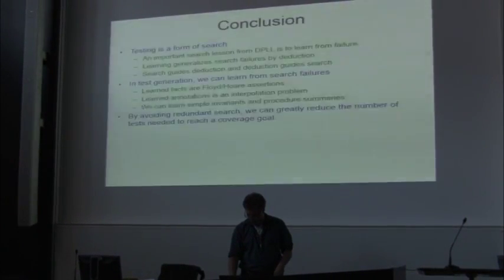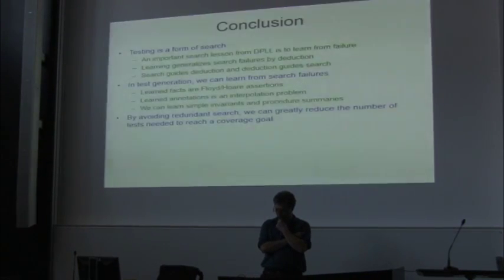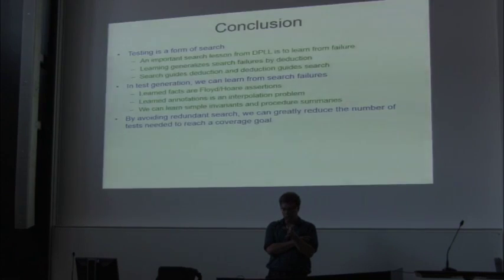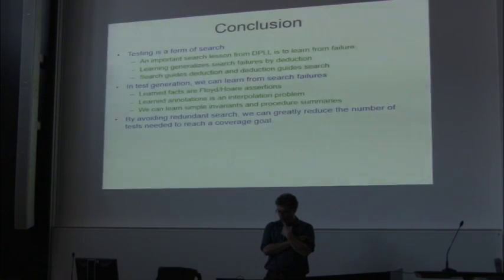So let me just finish with his conclusions here. I think this idea of dynamic symbolic execution, as you've seen, is really another form of search, which is very much like model checking or SAT solving. And a really key idea in the SAT solver is to learn from conflicts, to learn these lemmas.